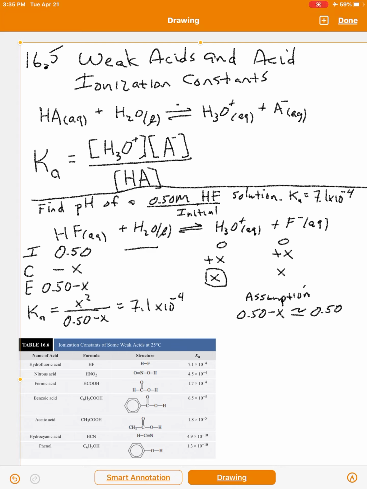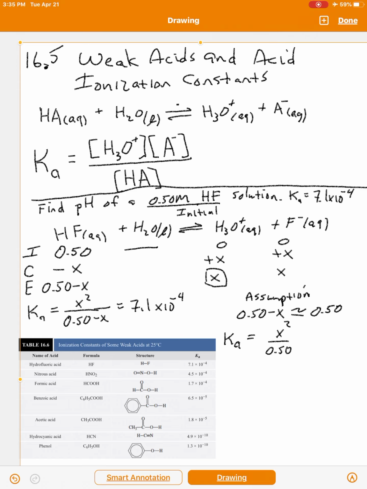We make the assumption that the initial concentration of the acid minus x is essentially equal to the initial concentration. Okay? What that does is it simplifies the expression dramatically. We now have an expression that says that Ka is x squared over 0.50.